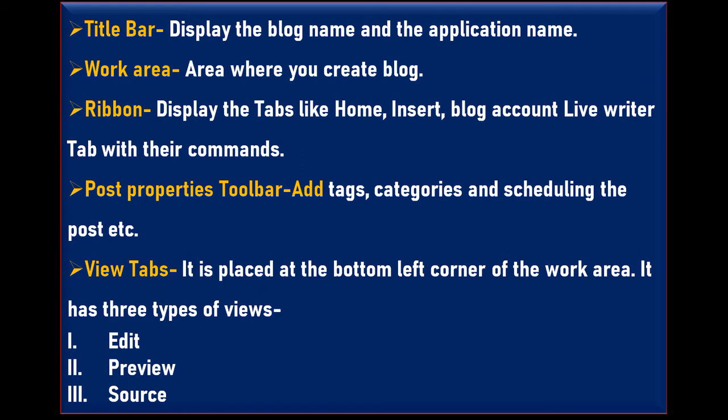The title bar displays the blog name and the application name. The work area is where you write your blog and do all your editing. The ribbon displays tabs like Home, Insert, Blog Account and Live Writer, with their commands.